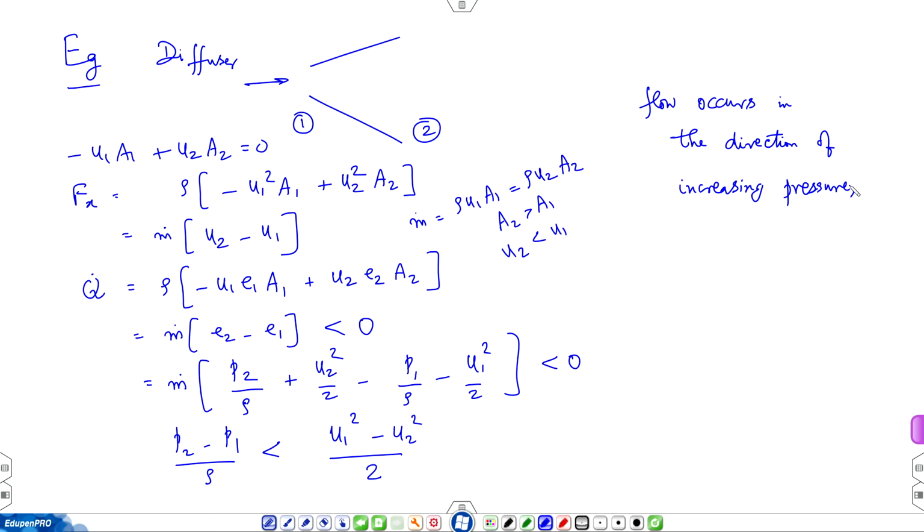But the total energy of the fluid will diminish in the flow direction. Whatever be the situation, it is going to diminish.